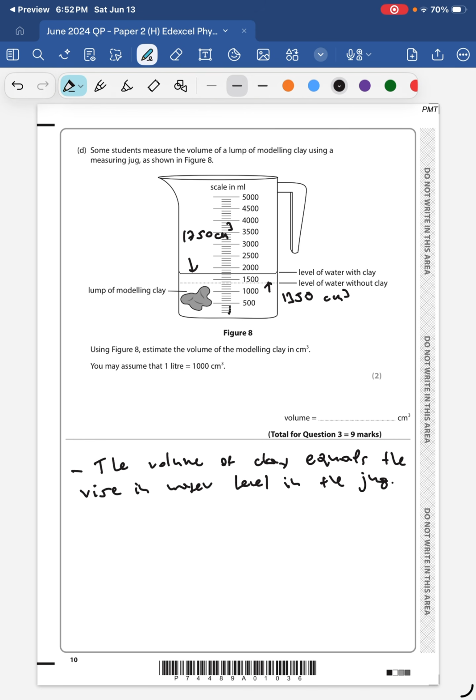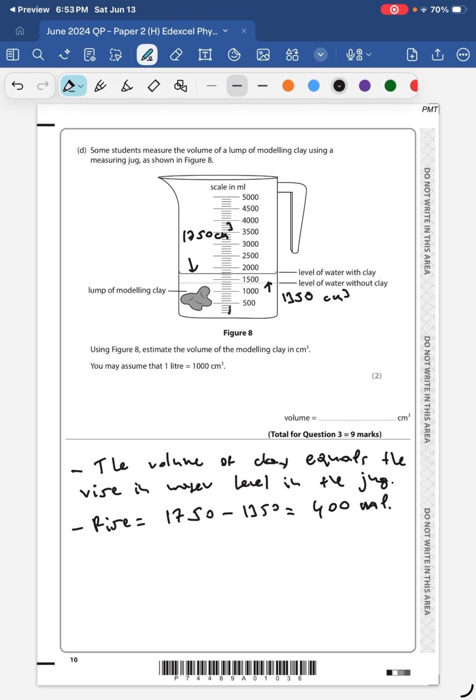So let's subtract. The rise is equal to 1750 minus 1350, which yields 400 milliliters.